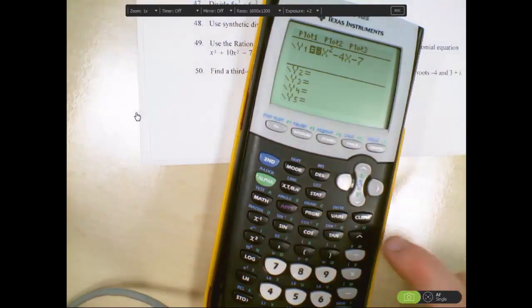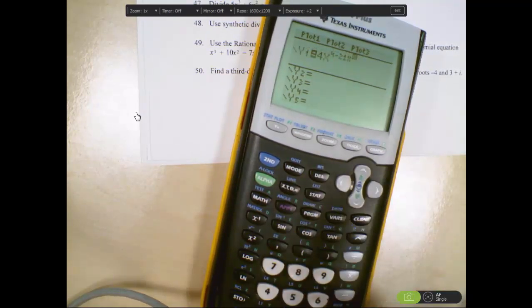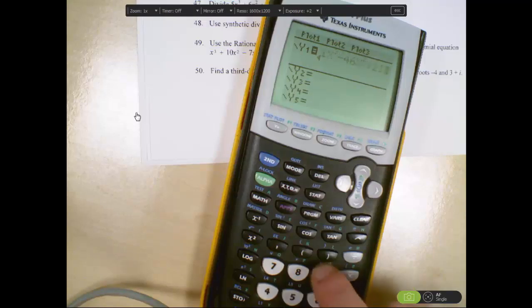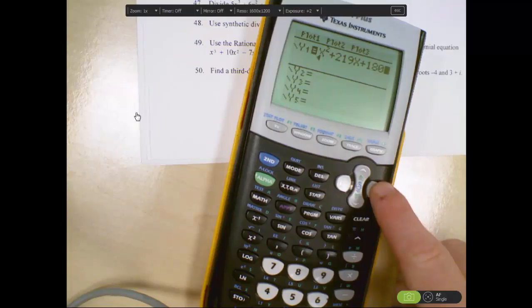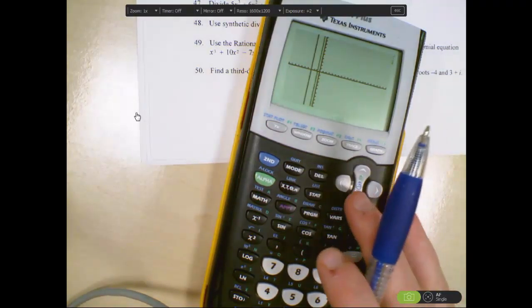I'm going to type in 4x to the 4th minus 21x cubed minus 46x squared plus 219x plus 180. I just need 2 zeros, so then I can do synthetic division.